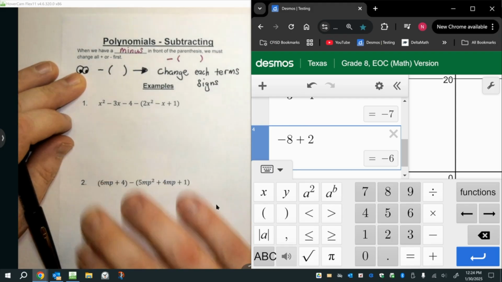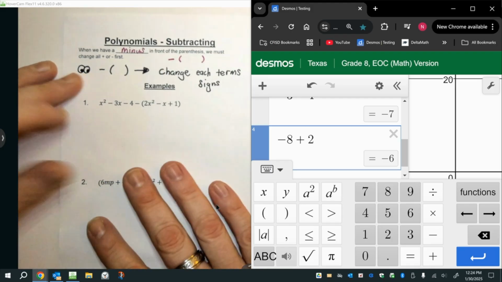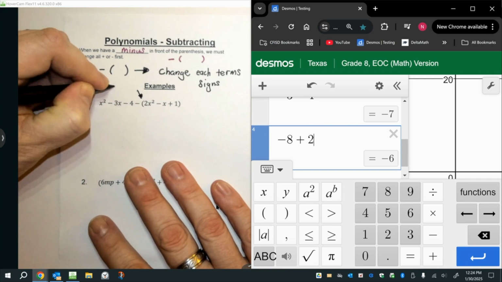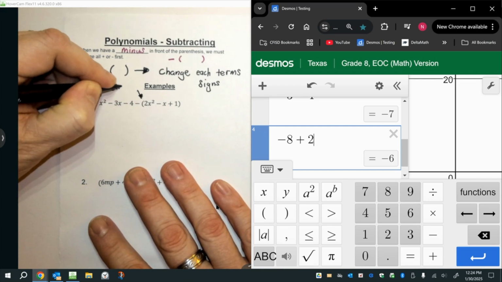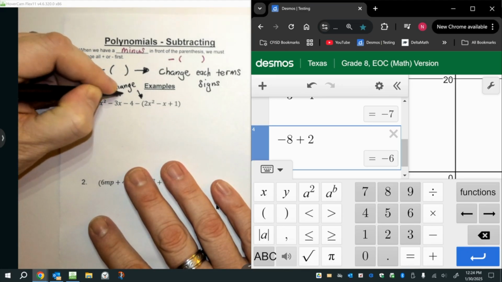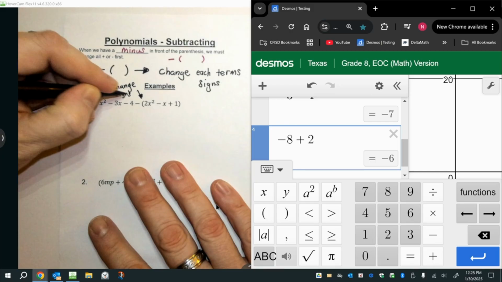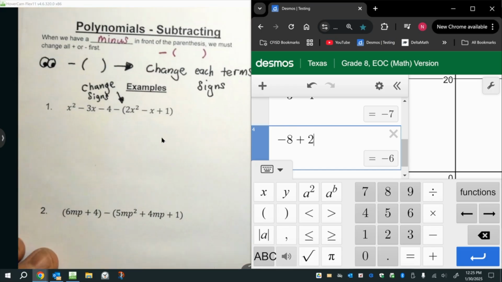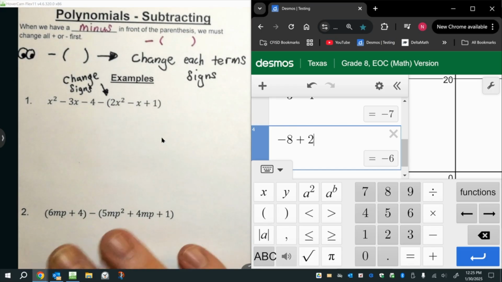So this is where we would change signs. So it'd go like this. I'm going to rewrite this.